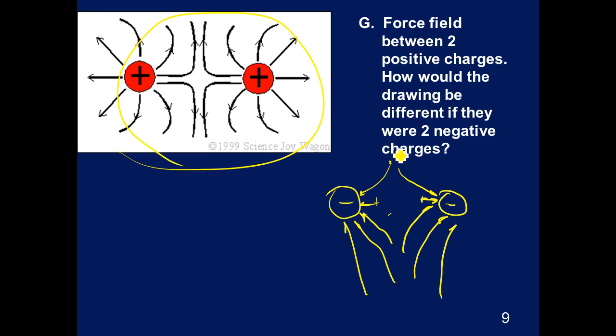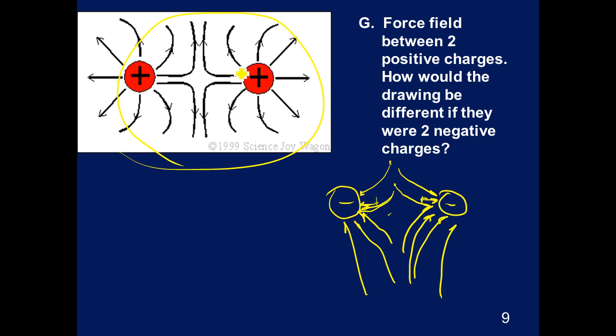So again, in the middle, they're repelling. So if I put a test charge here, it's going to be kind of pulled to the left, but more to the right, and kind of to the right, but more to the left.